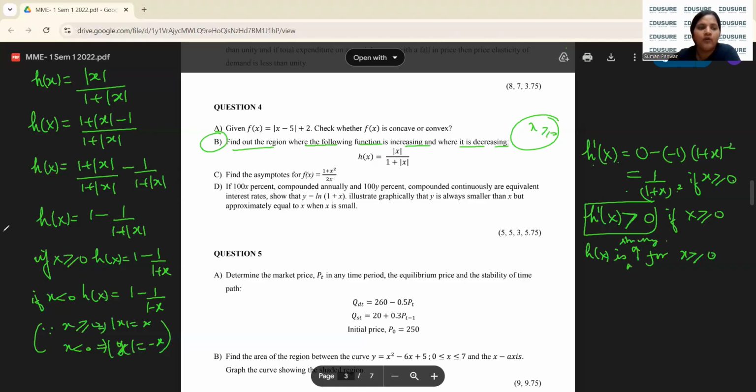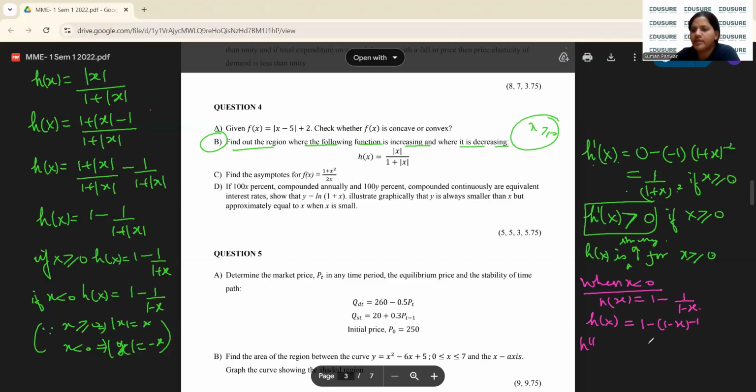Okay. Now, when we differentiate h x when x is less than 0. So when x is less than 0, h of x is 1 minus 1 upon 1 minus x. Okay. So what we can do is write it as 1 minus (1 minus x) whole power minus 1.